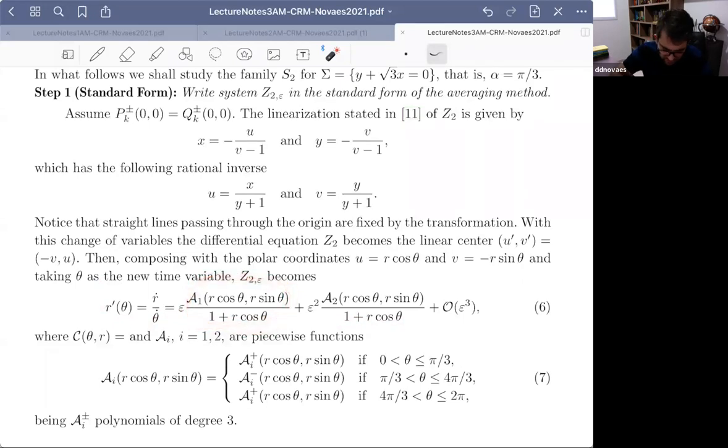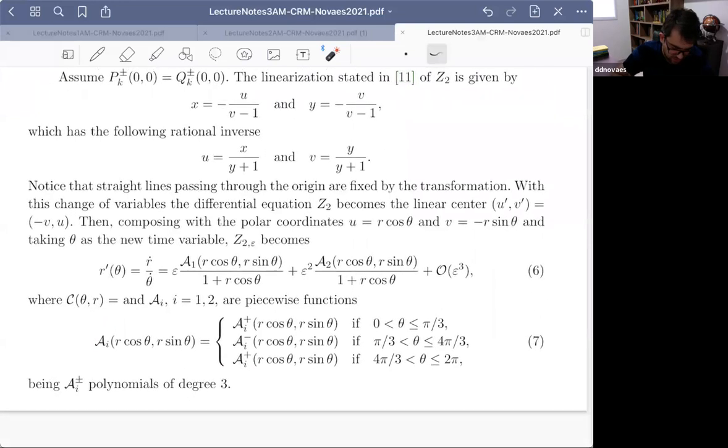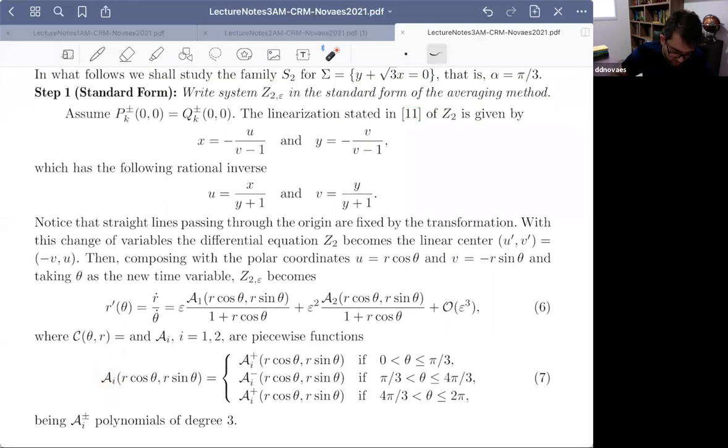The functions A1 and A2 are piecewise functions given like this. The function A1 are polynomials of degree 3. Then we have to compute the first and second order average function for this family of differential equations.